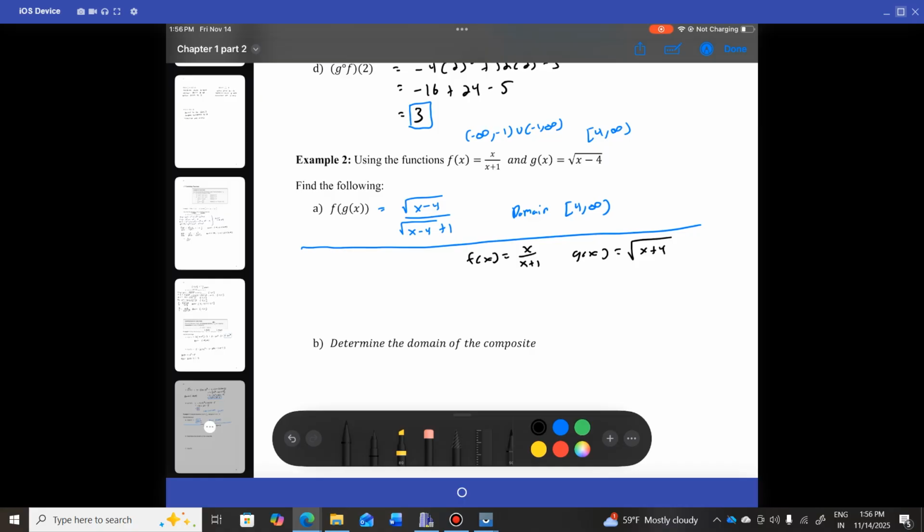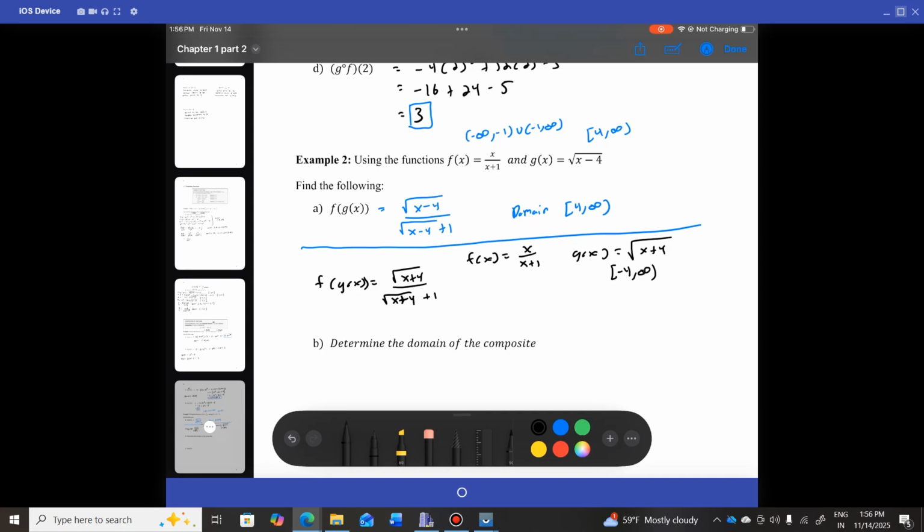Okay, well, this domain is going to be negative 4 to infinity. If we plug that g of x into f of x, we'll still find f of g of x. We have square root of x plus 4 over square root of x plus 4 plus 1.